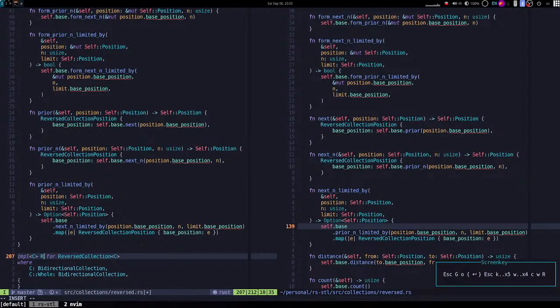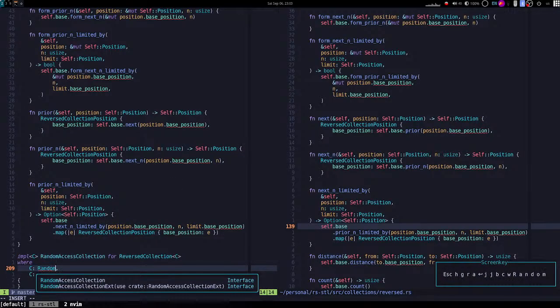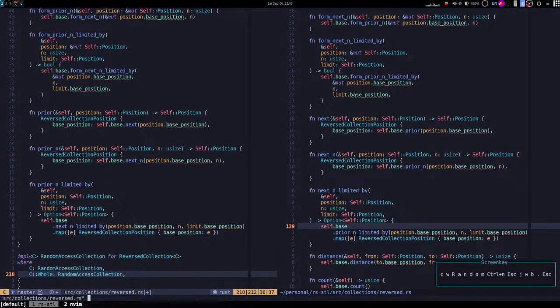So I would implement random access collection. Let me import that, and now the thing is everything should be random access, and that's how you implement random access collection. I think that's all you have in random access collection, right? Yeah, that's it.